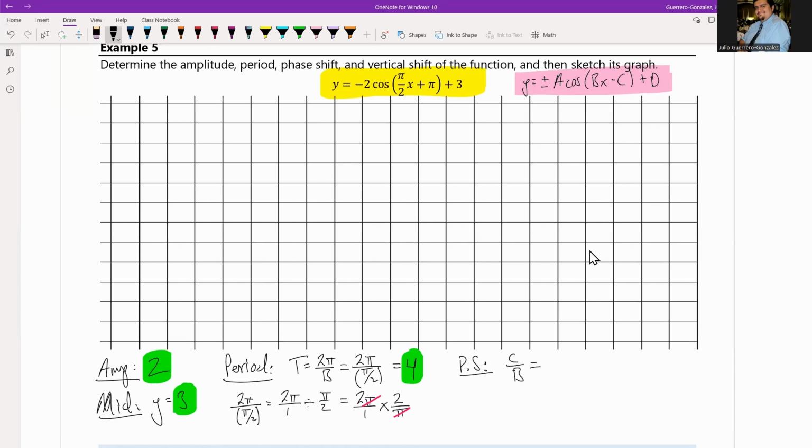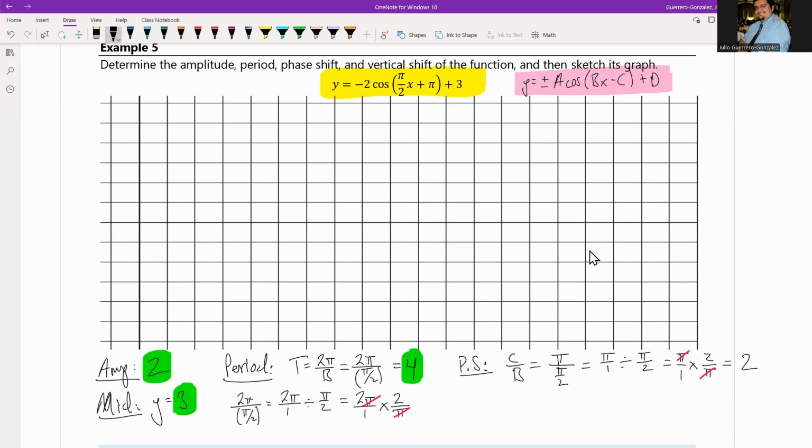So C is π divided by B, which is π over 2. π over 1 divided by π over 2, I'm doing the same thing as before, is equivalent to π over 1 times 2 over π. Notice that the π's cancel again. Gone. 2.